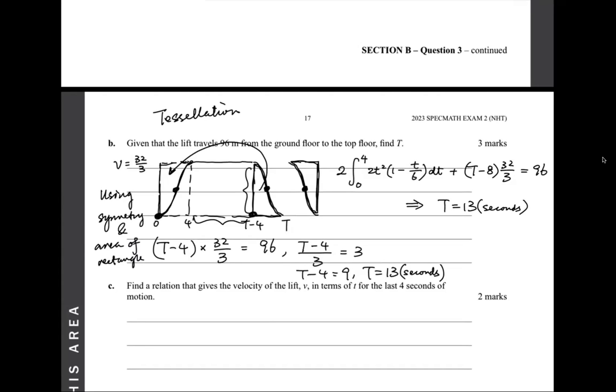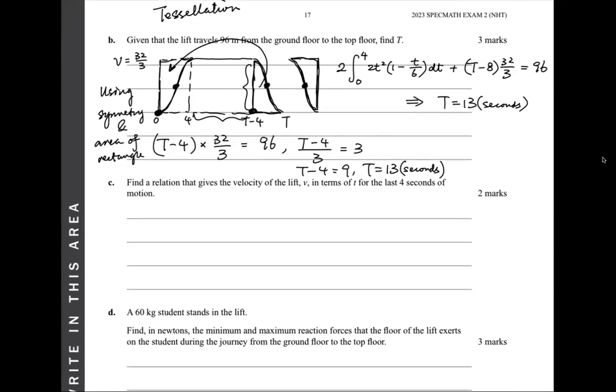Okay, and find a relation that gives the velocity of the lift v in terms of t for the last 4 seconds of the motion. I believe there are multiple different forms of answer, but let's try to make sense of that.